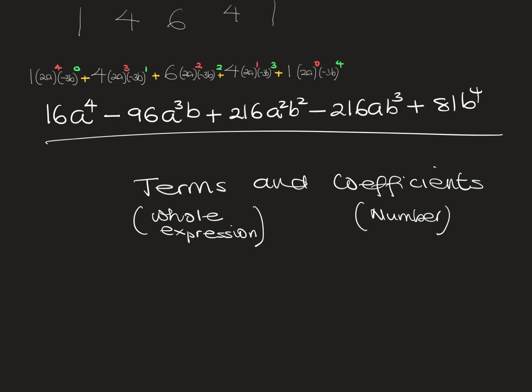The second term is minus 96a to the power 3b. The fourth term is minus 216a b to the power 3. But the coefficient of the second term is just minus 96. The coefficient of the third term is positive 216. And the coefficient of the fifth term is positive 81.